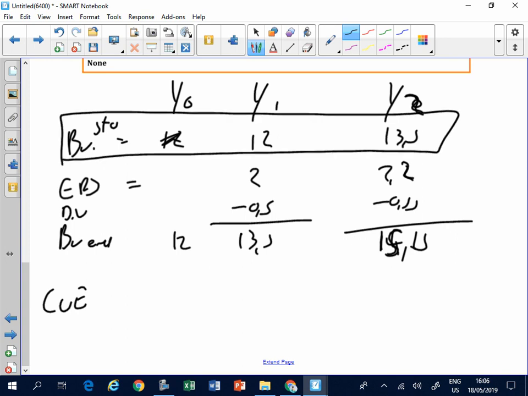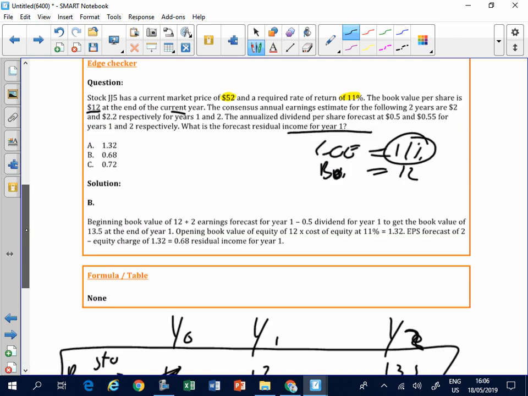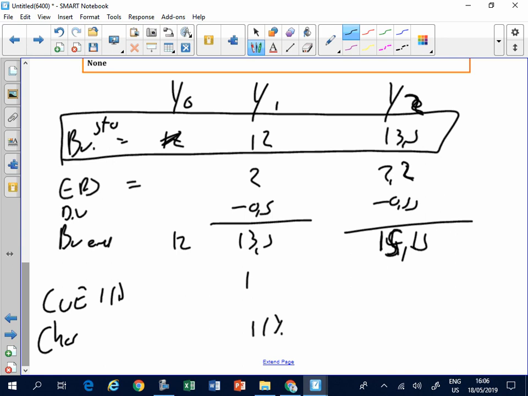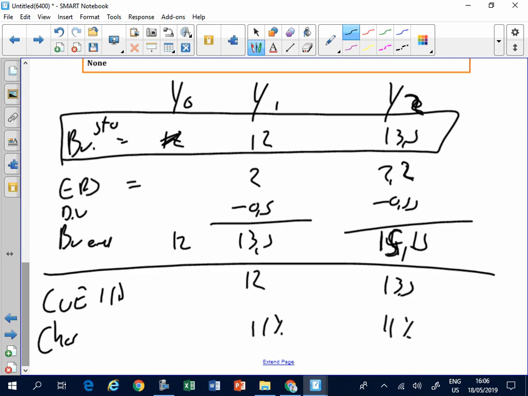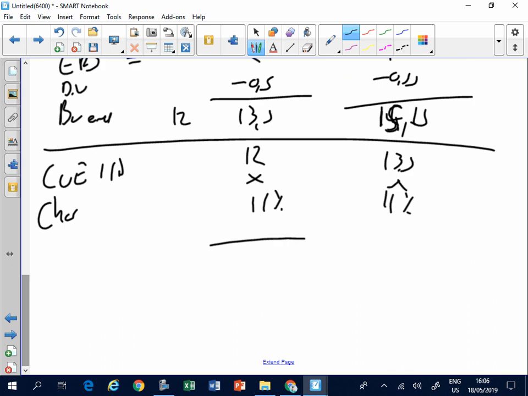So my charge in year 1 is going to be 11% of 12, and in year 2, 11% of 13.5. If I multiply those, 12 times 0.11 is equal to 1.32, and 13.5 by 0.11, I get 1.485. This is my charge.